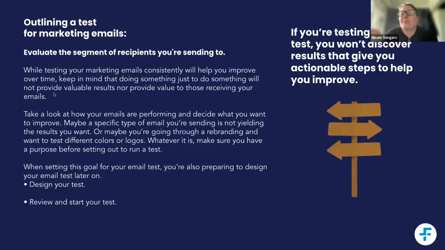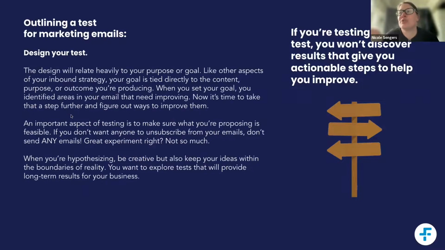So if you're going through rebranding and you want to test different colors and logos, make sure you have a purpose before you run that test and know who you're going to talk to. Once you know who you're going to talk to and what you're trying to test, you're going to design that test.